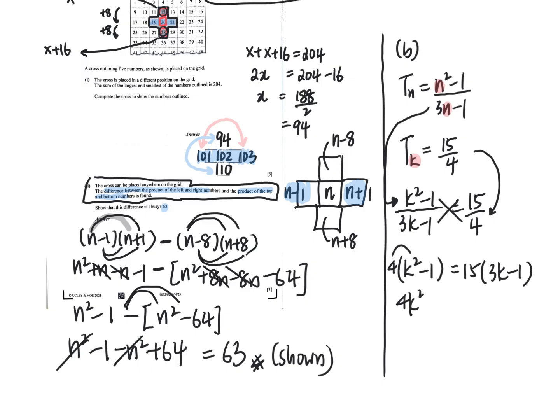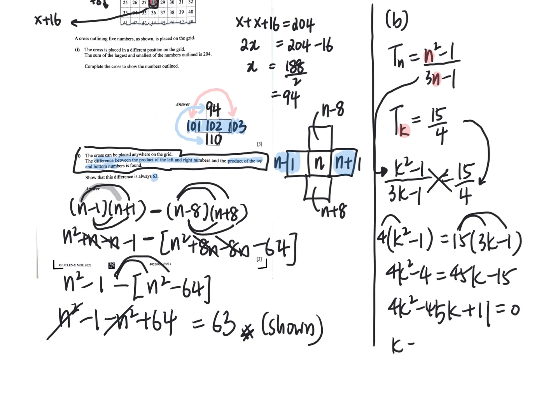So 4k squared minus 4 equals 45k minus 15. So you shift everything to one side. And then you go and solve for k. So go and use your quadratic formula.